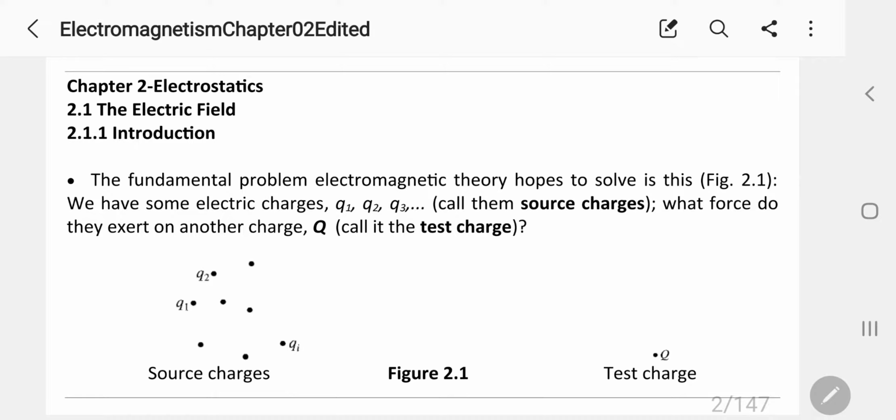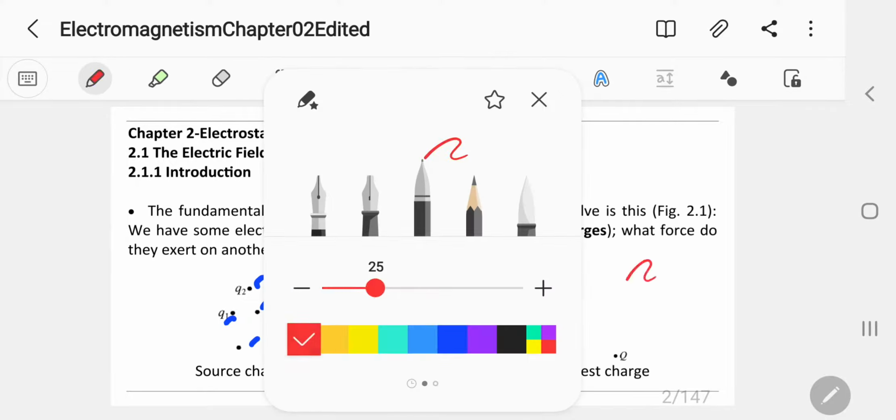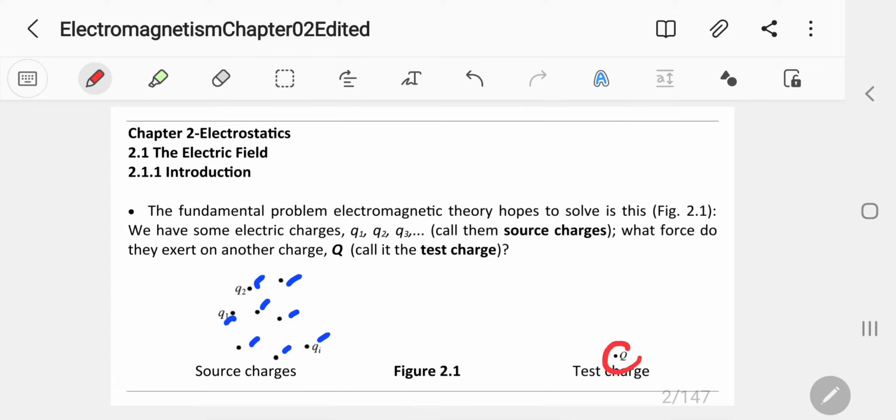So in this case, in the figure, you have different electric charges here. They're distributed discretely in space, and you have a test charge here, Q, capital Q. We call these the source charges.